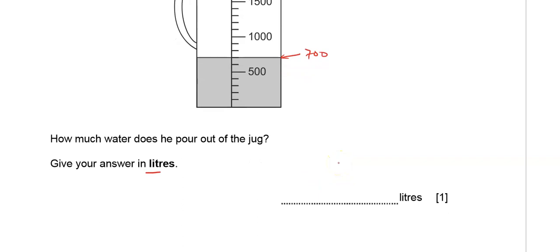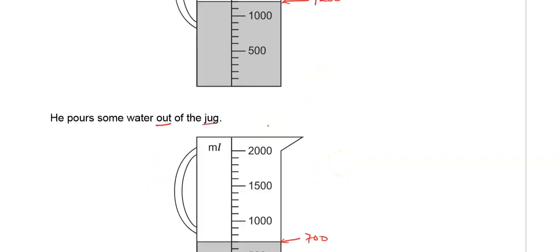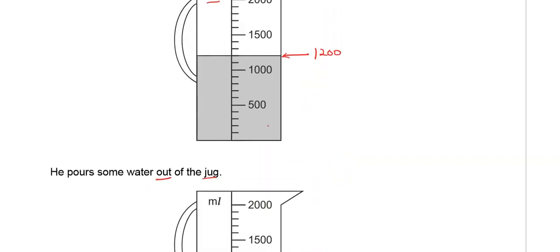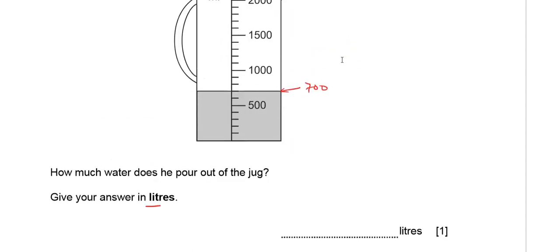So how much water did he pour out? The water he poured out is the difference between 1,200 and 700. So we find the difference: 1,200 take away 700 to give us the water that he poured. 12 minus 7 gives us 5.